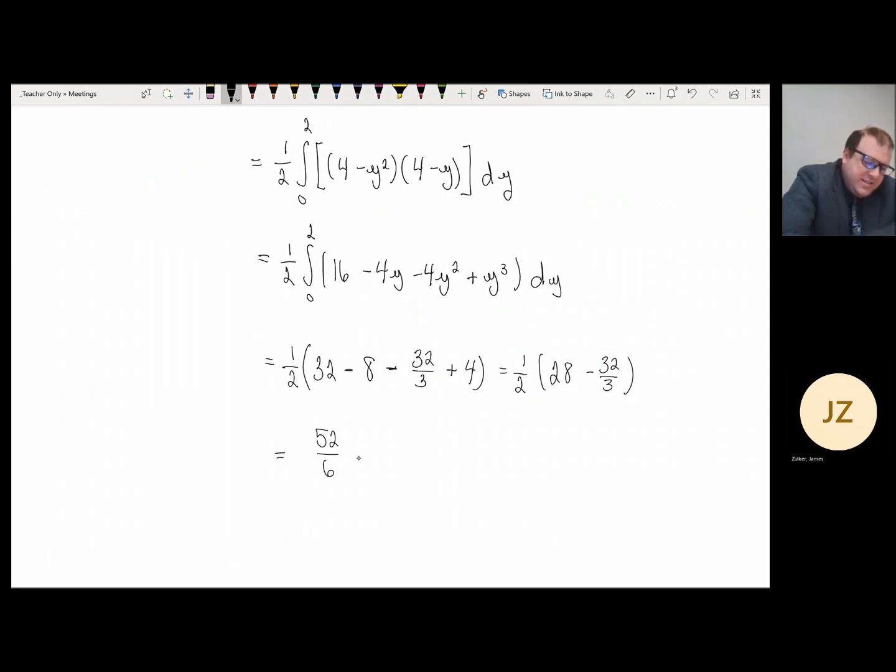That'd be 52 over 6, which is 26 over 3. That would be the signed hypervolume. And for our purposes, just the integral.